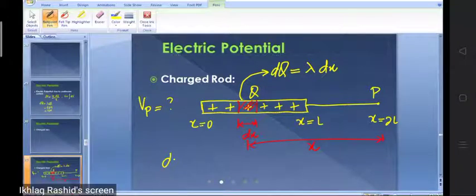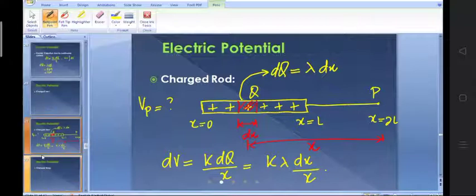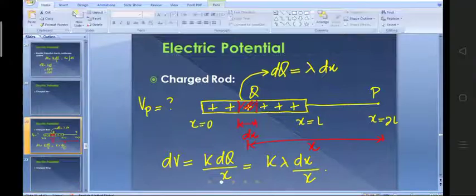So dV will obviously be equal to k multiplied by the charge, dq, divided by the distance here, that's equal to x. Or we can write it like this as well: it's equal to k multiplied by lambda into dx divided by x. Like this it is. Fine. dq is replaced by lambda into dx. Now let's evaluate it.